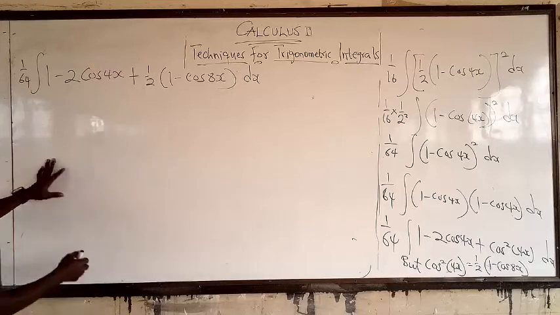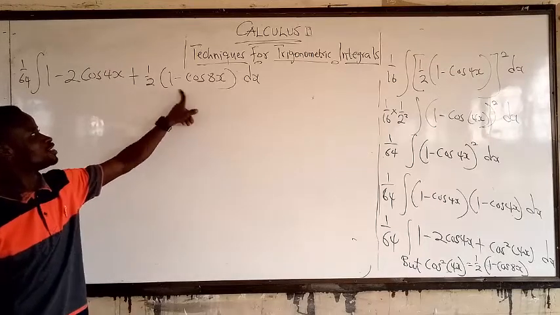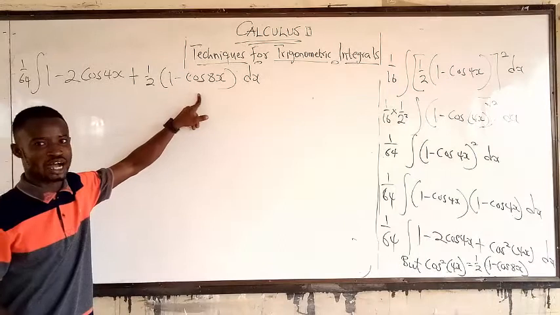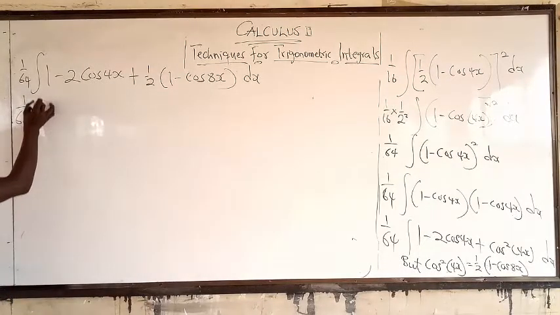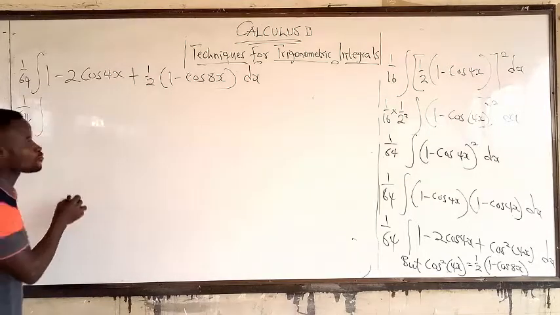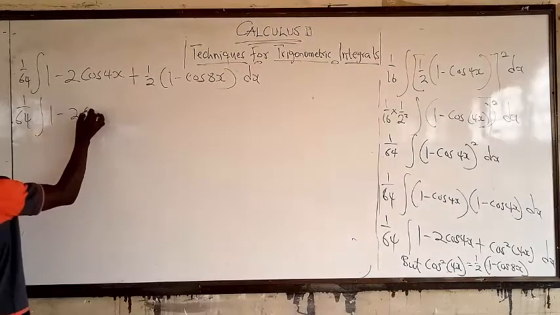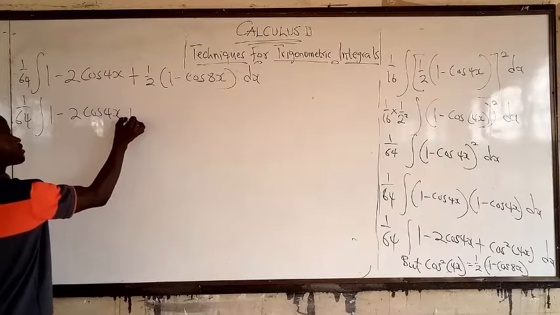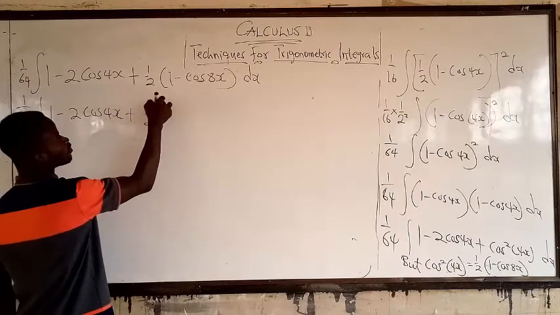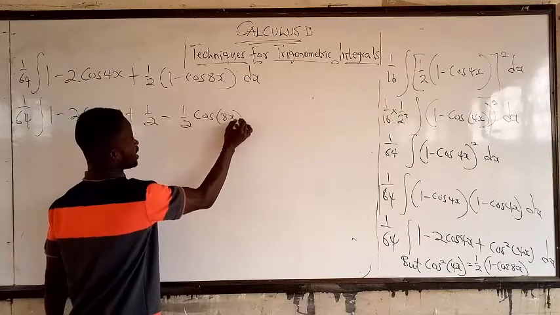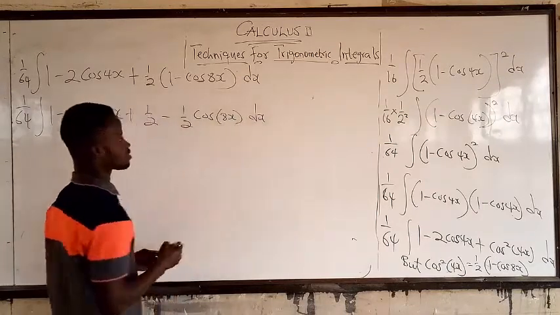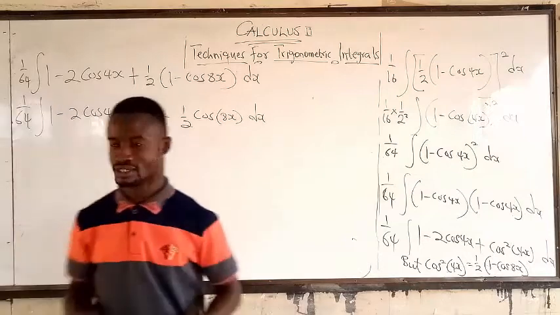And then we can also multiply this throughout the bracket. So we get 1 over 64, I hope you are getting my flow, the integral of 1 minus 2 cos 4x plus half minus half cos 8x dx. Alright.